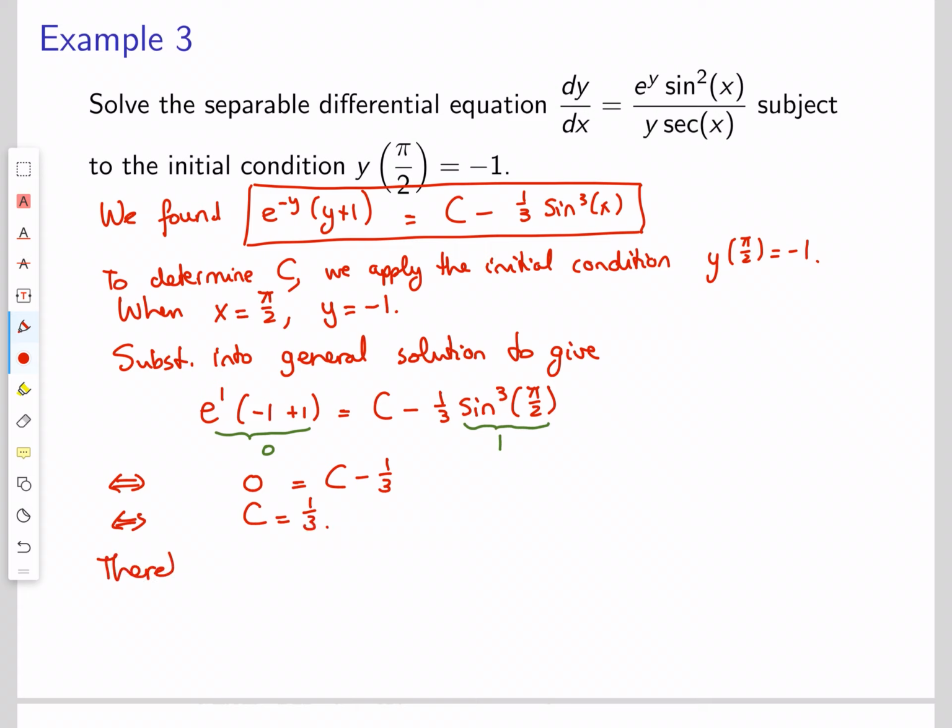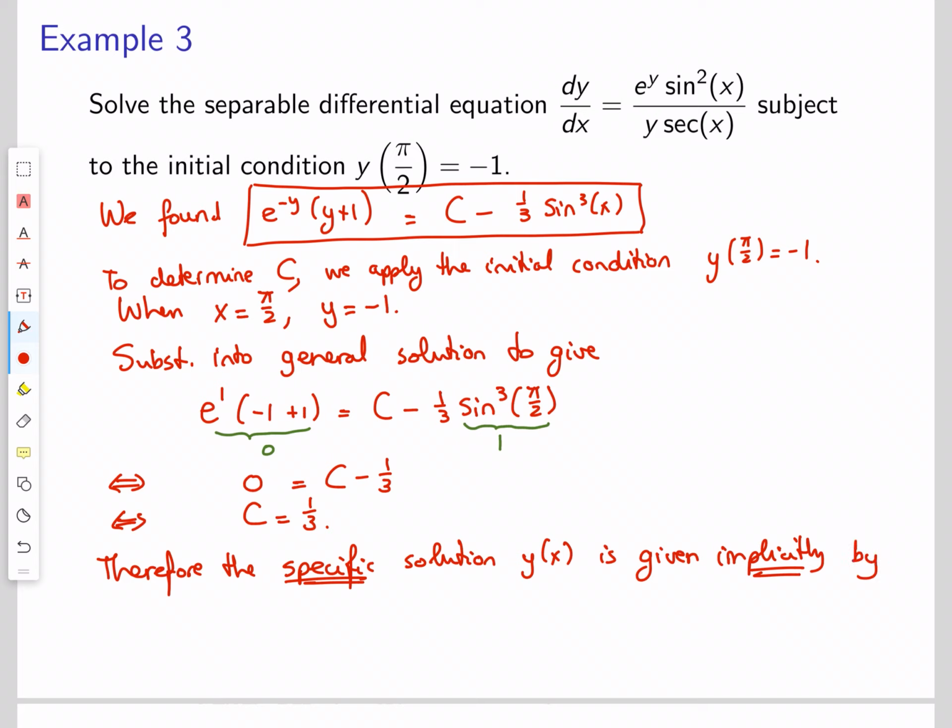So therefore, the specific solution y of x is given implicitly by the following, by e to the minus y times y plus 1 is equal to 1/3.